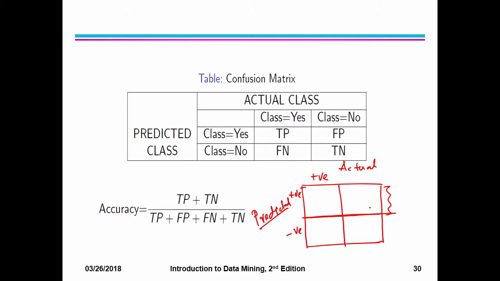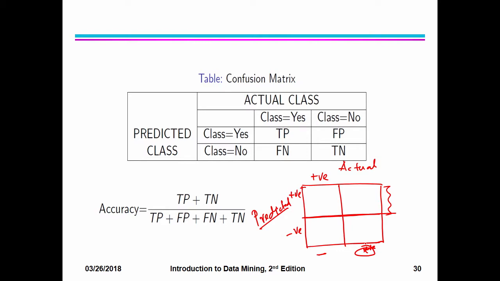And on the column wise, this side will give how many objects have the class level positive, and similarly here how many objects have the class level negative.